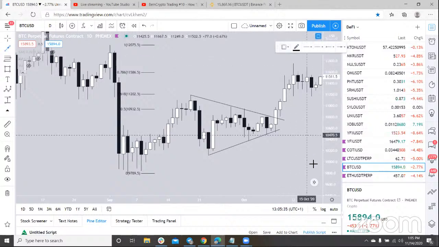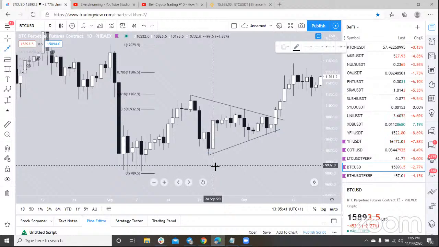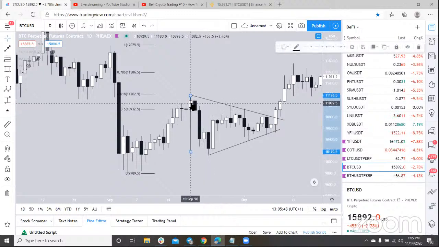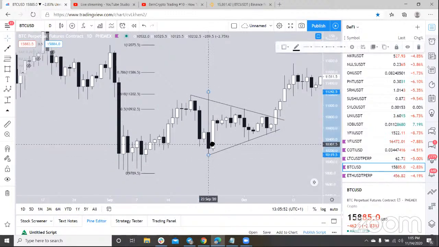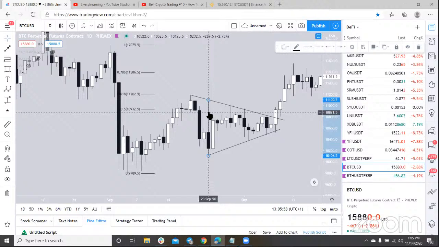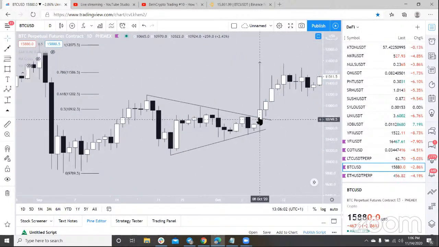Now for the pattern targets, you find the largest distance between support and resistance. So this. Now, this is not the highest because there is no support line here. This is the highest. So the biggest length, you found this, and you project it to the breakout level, which is right here.